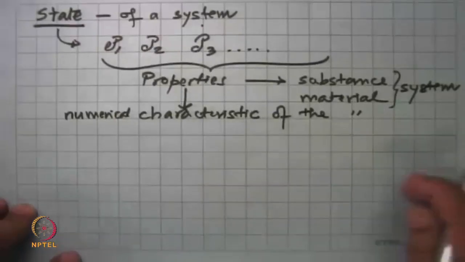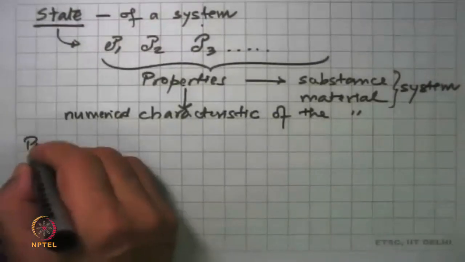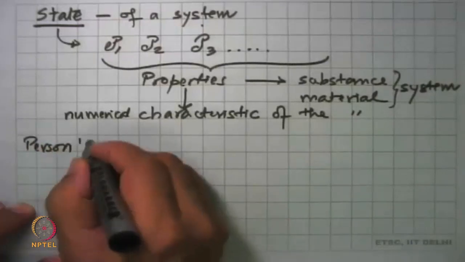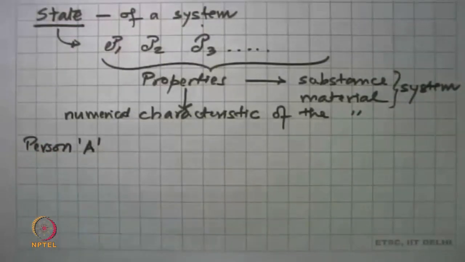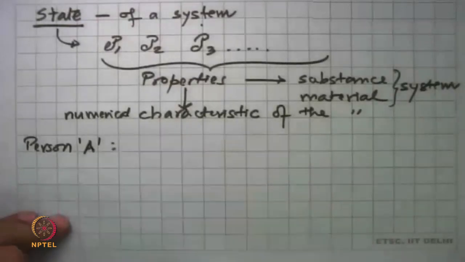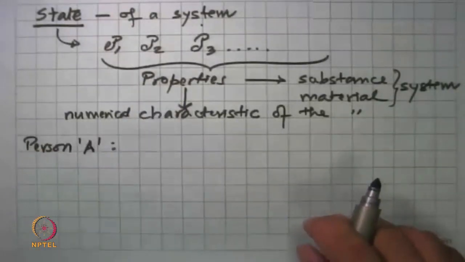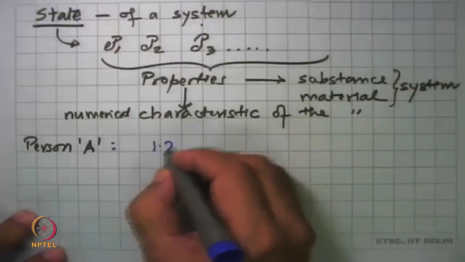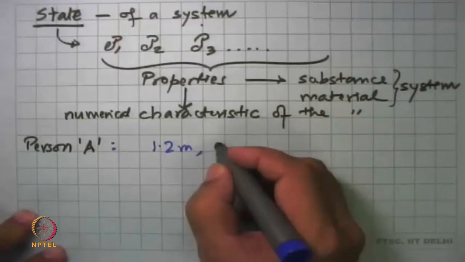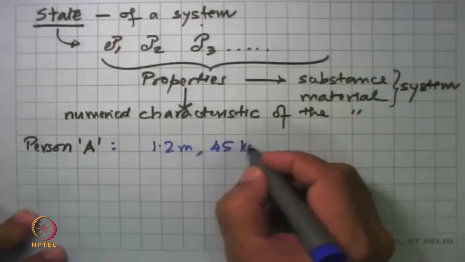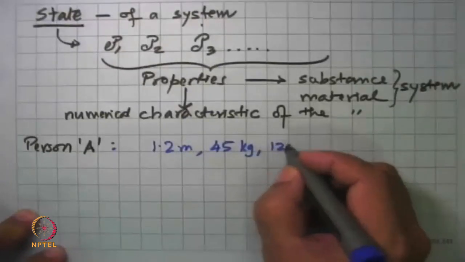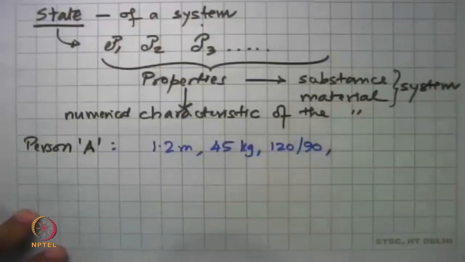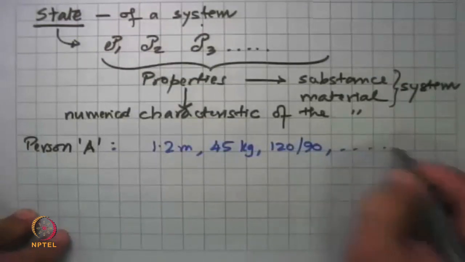So let's take an example and say, well, how do I characterize a person? Person A. That could be a human being or a living creature, a dog or a cat or anyone. Say it's a human being. So, what are the properties by which I can define the state of this person? Well, you can say that this person is 1.2 meters in height, weighs 45 kg, has a blood pressure of 120 by 90, and various other things.